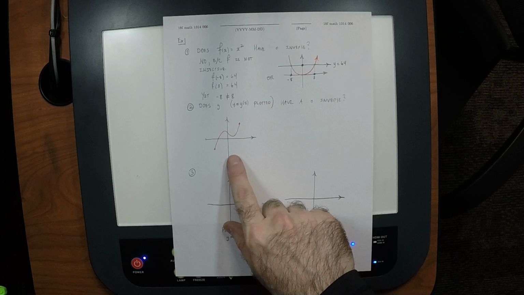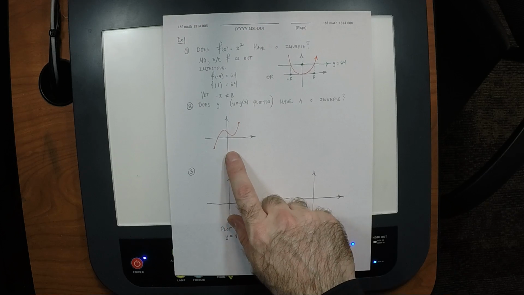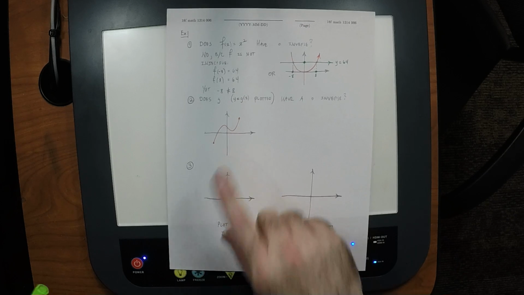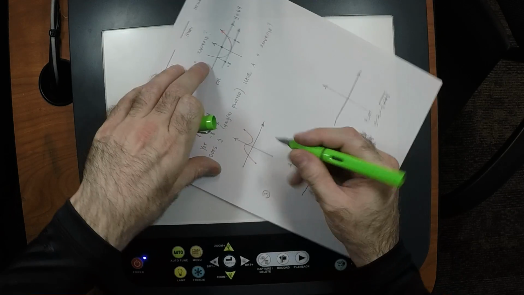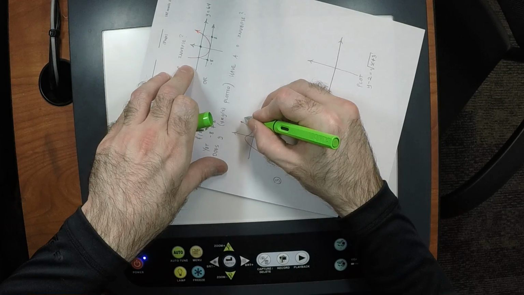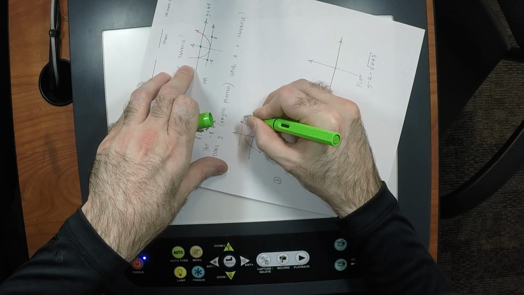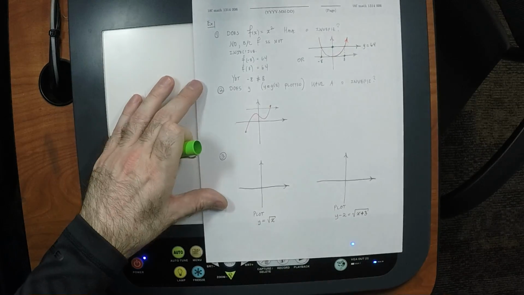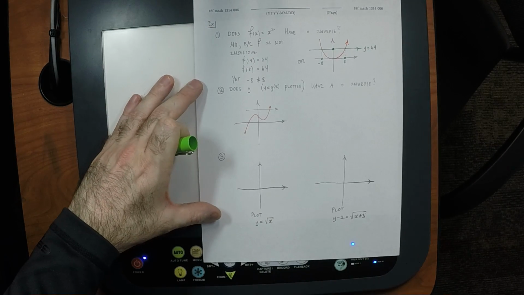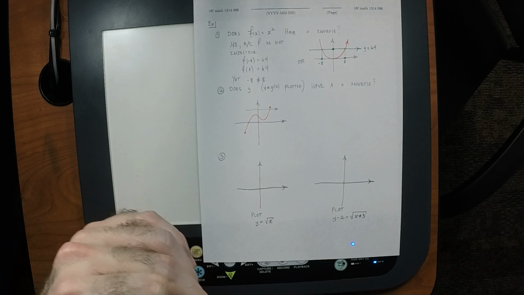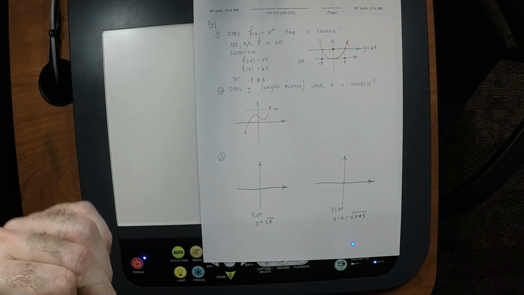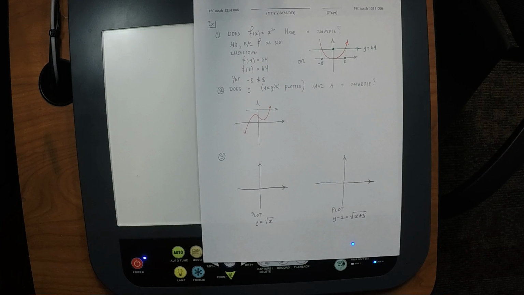All right. How about this one? Does this have a composition inverse? No, it doesn't. But wait a second, I have a question. What about this horizontal line? That horizontal line just has 1 intersection. I thought 1 was what we needed.